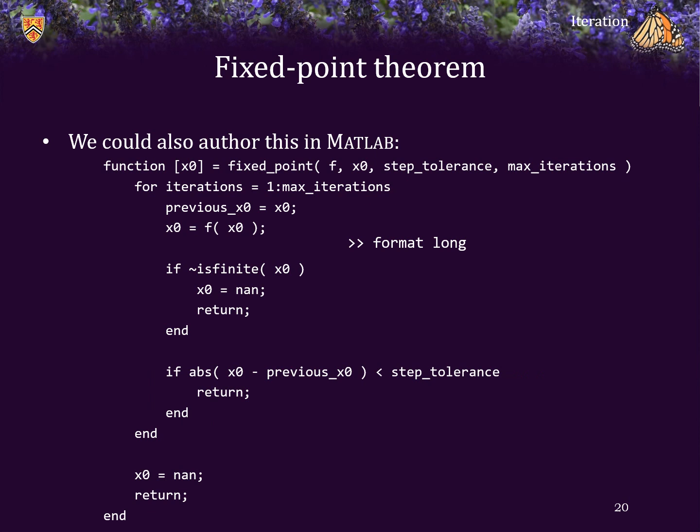All right, so in MATLAB, we can use format long. We will now call fixed point. Previously we assigned a function to a variable, and so we can just pass that. However, cosine is just an identifier.